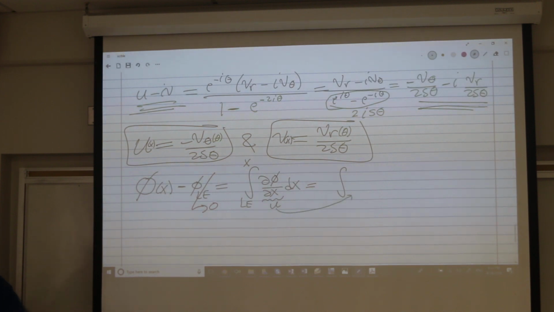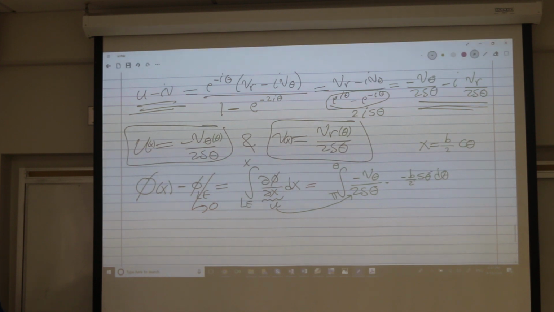We simply said that u is negative V theta over 2 sine theta times dx. We still have the same relation. So x on the plate is b over 2 cosine theta. So if you differentiate to get dx, this is negative b over 2 sine theta d theta. And the leading edge is theta equals pi, any x, theta here.